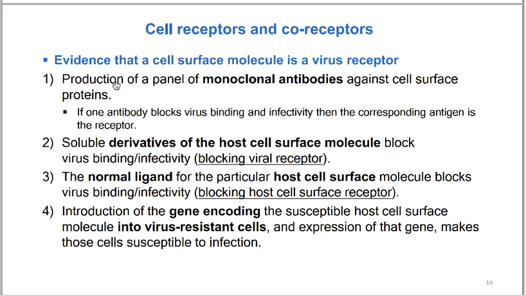So, production of a panel of monoclonal antibodies against cell surface protein. If one antibody blocks the virus binding and infectivity, then the corresponding antigen is the receptor. So what is the meaning of this? Did you understand what they wanted to say here, or do I need to explain again?